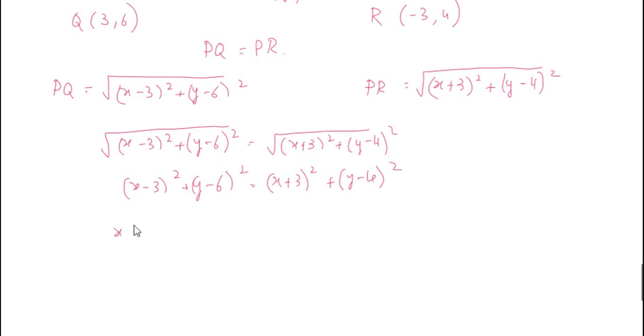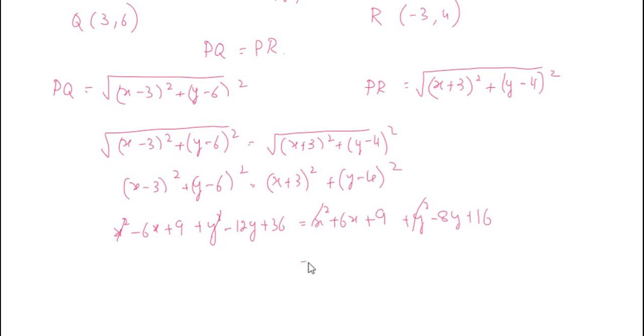This becomes x square minus 6x plus 9 plus y square minus 12y plus 36 equal to x square plus 6x plus 9 plus y square minus 8y plus 16. x square cancels with x square, y square cancels with y square.